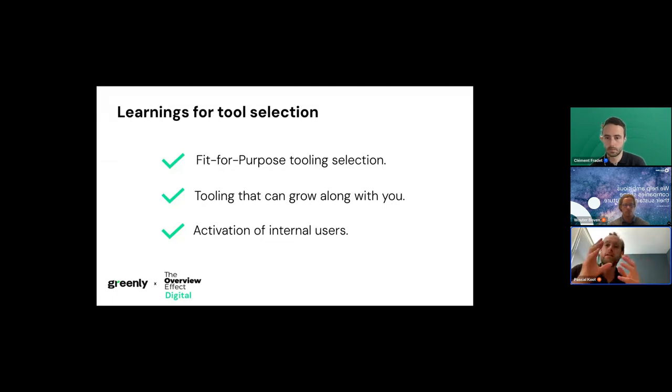That's why in this phase I just want to highlight a few things. If you start thinking about tooling and tooling selection, there are some excellent options, like what Greenly offers. Make sure that within the scope they offer, you do fit for purpose tooling selection.